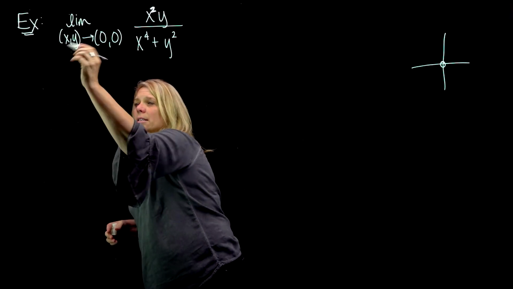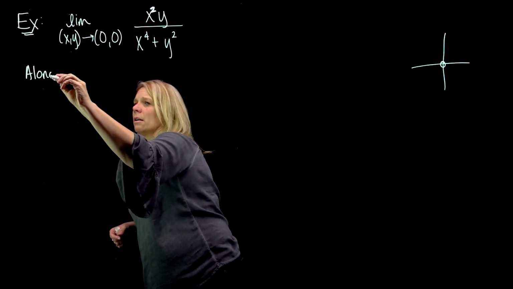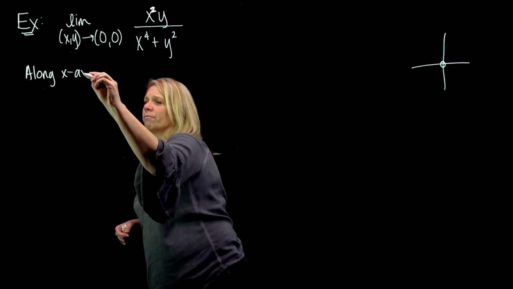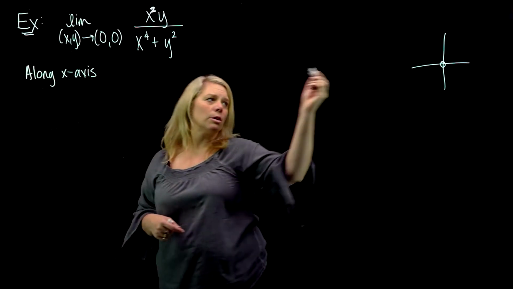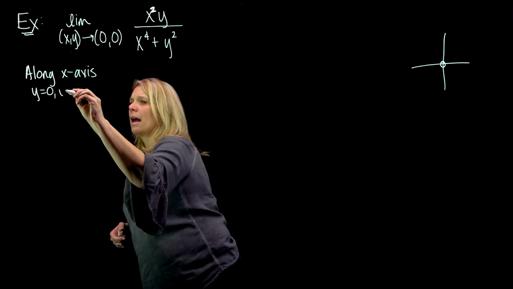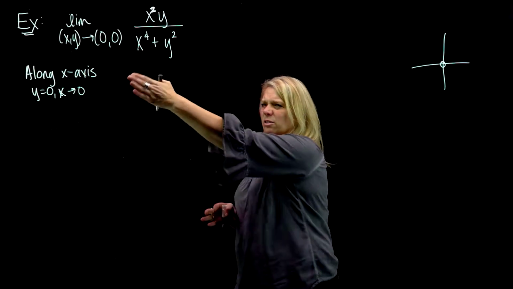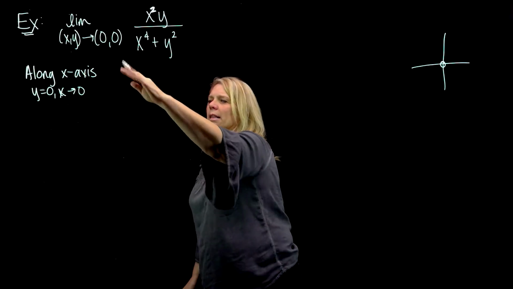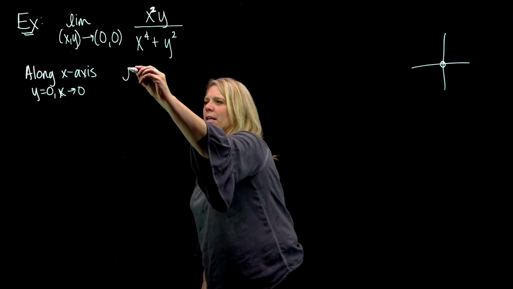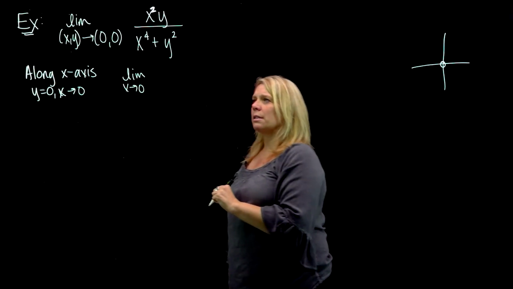If we consider this limit as we come in toward the origin along the x-axis, y will equal 0 and x will approach 0. I know I wrote them up and down in the last video, but we'll let x approach 0.